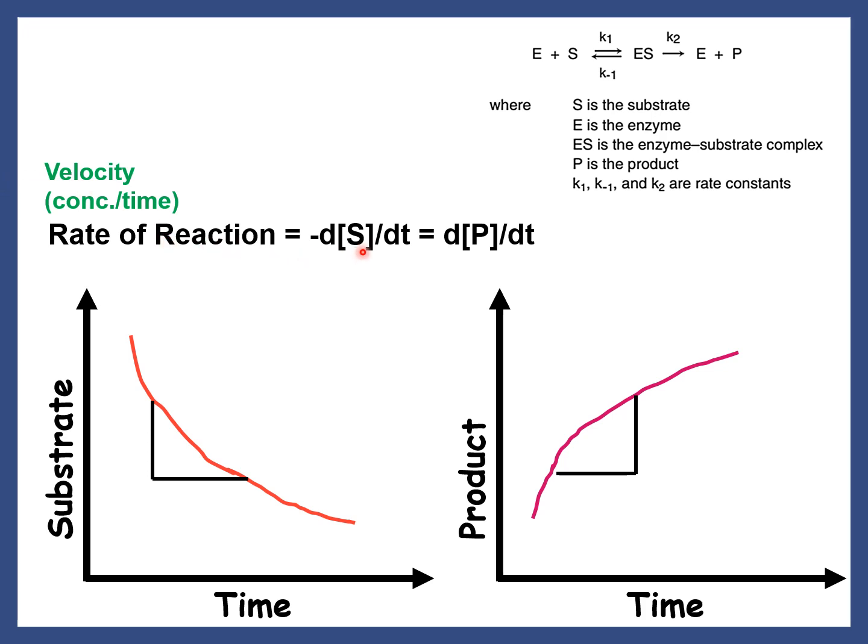So the change in the concentration of substrate over time, or the change in the concentration of product over time, would give us the velocity of the reaction, right?